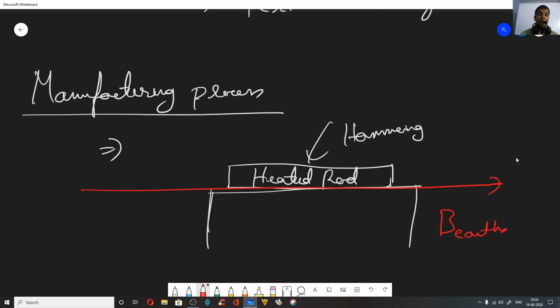When you keep hammering, because of the Earth's magnetic field, the dipoles in this heated rod will try to arrange in the direction of the Earth's magnetic field. So this is the heated rod.